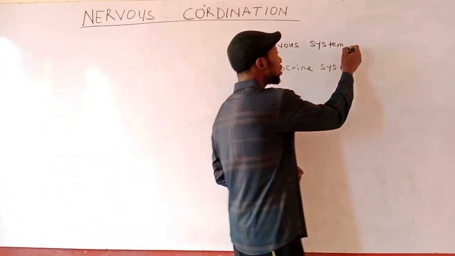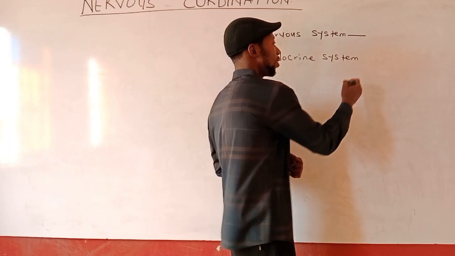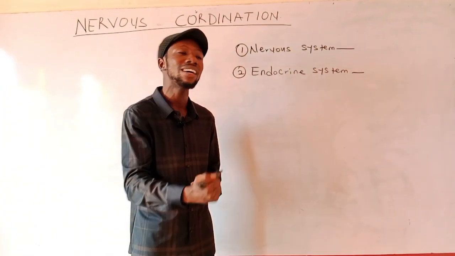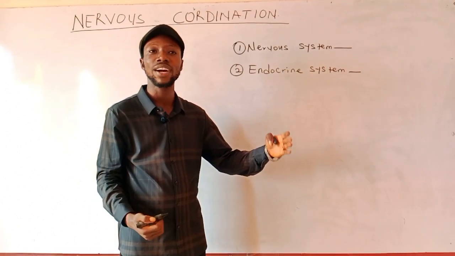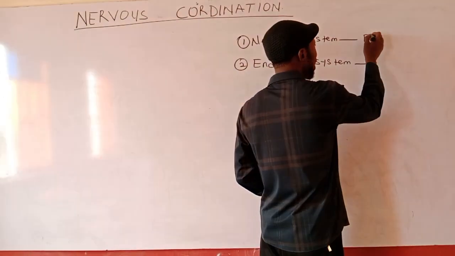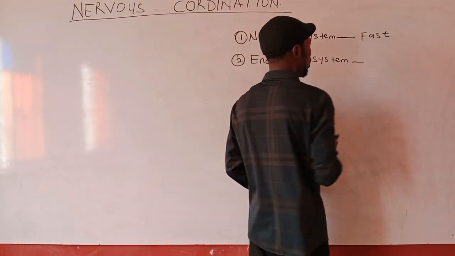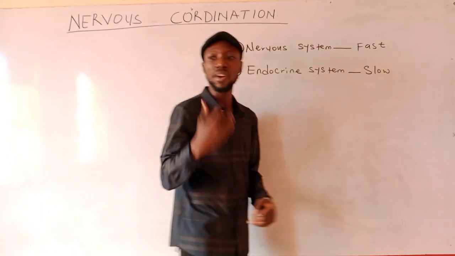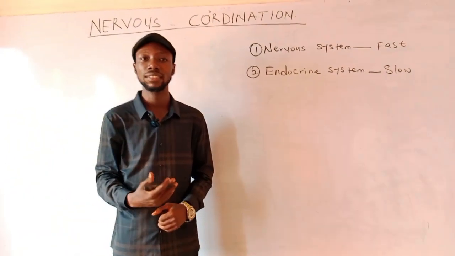Number one is the nervous system. Number two is the endocrine system. The difference is that the rate of sending impulses in the nervous system is faster than that of the endocrine system. The nervous system sends impulses at fast rates, while the endocrine system sends impulses at a very slow rate.